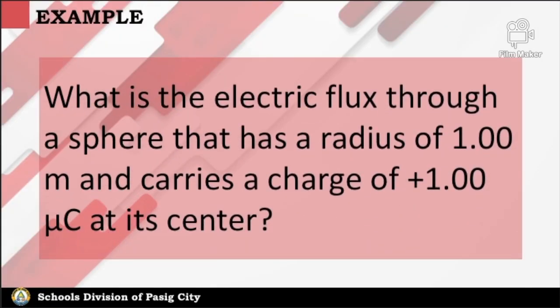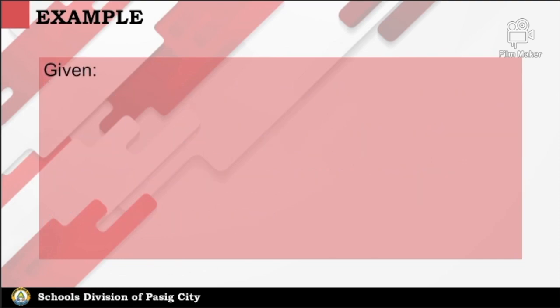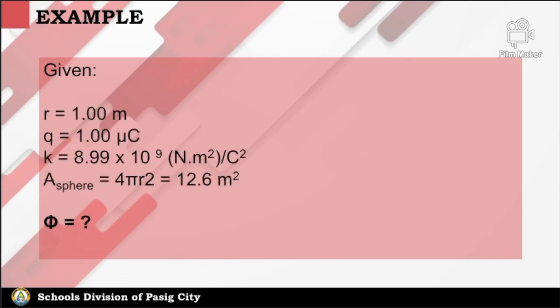Let's have an example. What is the electric flux through a sphere that has a radius of 1.00 meter and carries a charge of positive 1.00 microcoulomb at its center? Given the radius equal to 1.00 meter, charge of positive 1.00 microcoulomb, the electrostatic constant, and the area of a sphere, we find the electric field first.